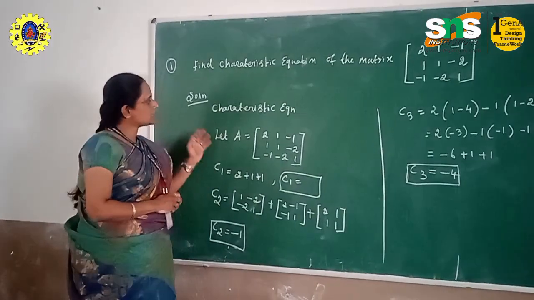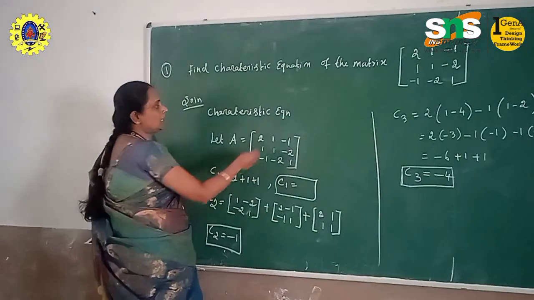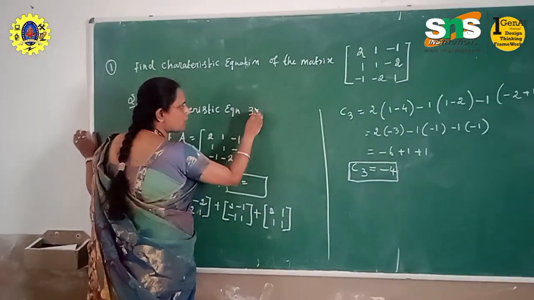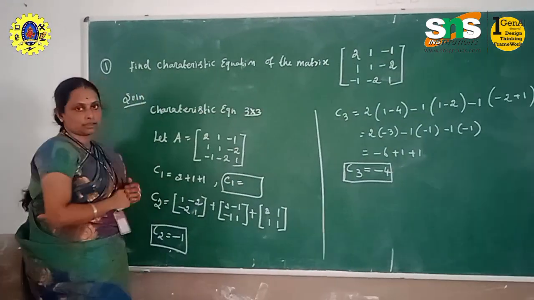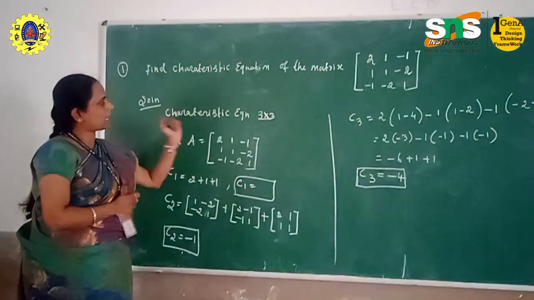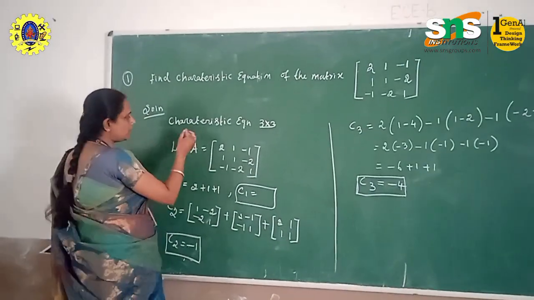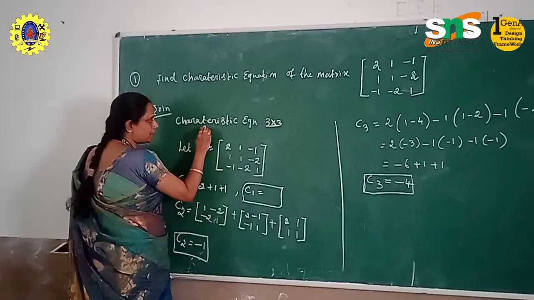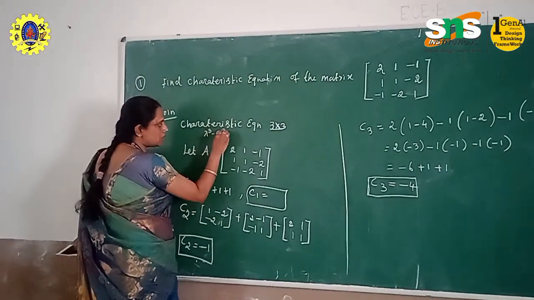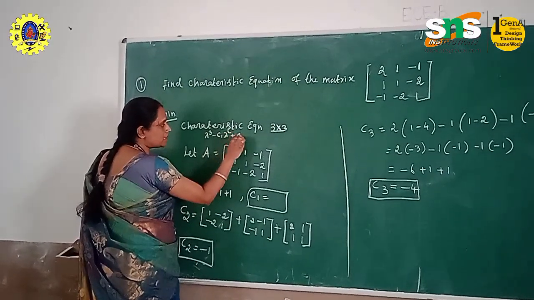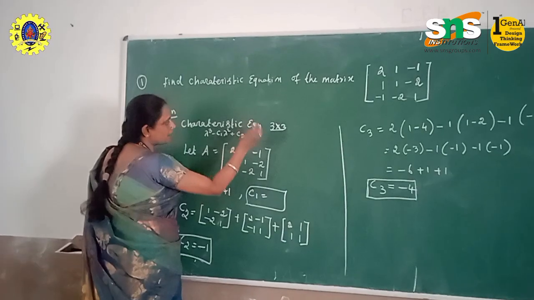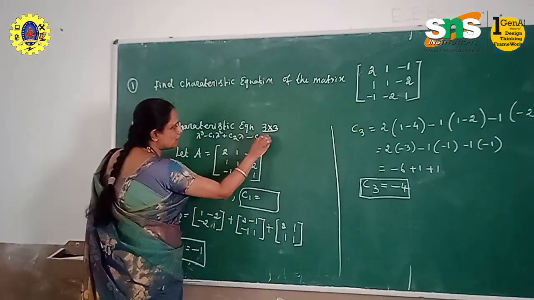The characteristic equation for the 3 cross 3 matrix is lambda cube minus c1 lambda square plus c2 lambda minus c3 equal to 0.